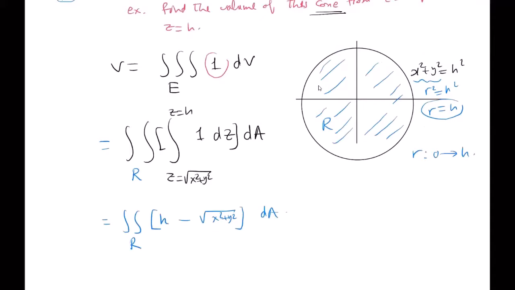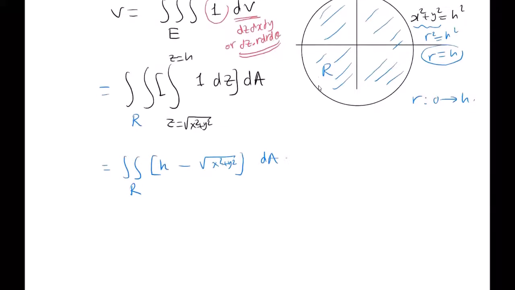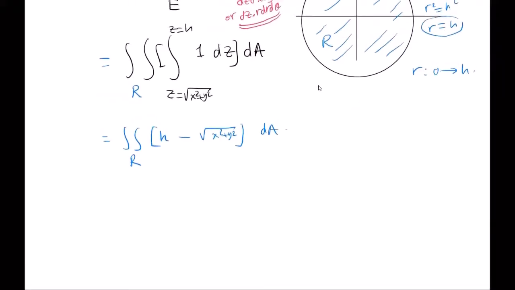Or originally, from the beginning, you can change this dV into dz, r dr d theta. Yes, we will do it now. Now go to polar.